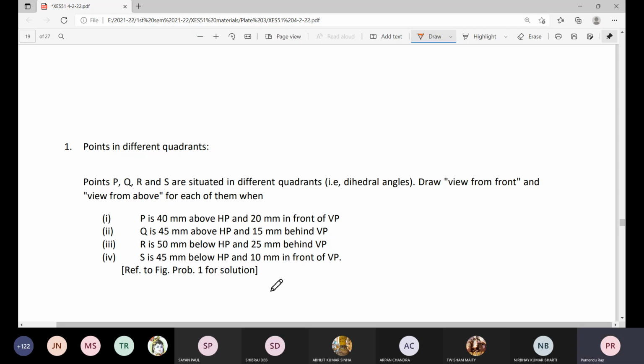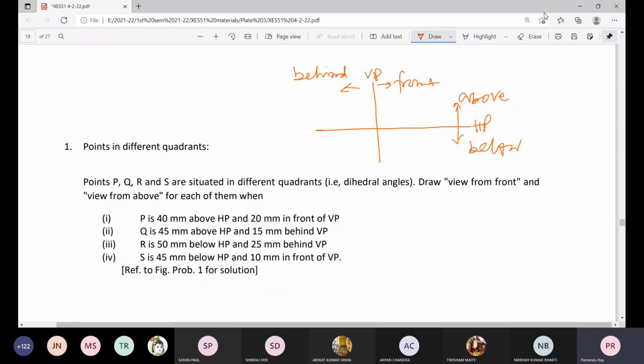For your convenience, front, behind, above, below.